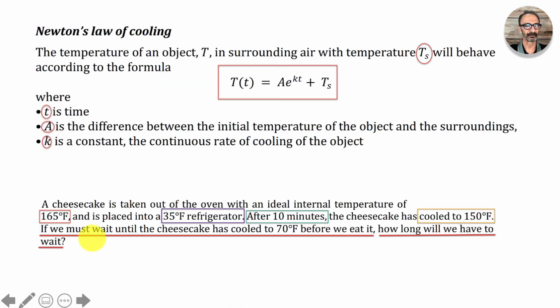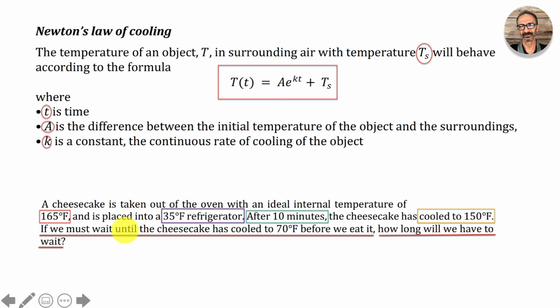So here we go. A cheesecake is taken out of the oven with an ideal internal temperature of 165 degrees Fahrenheit and is placed into a 35 degrees Fahrenheit refrigerator, which is kind of hard to imagine. First time I was looking at this problem, I thought, you're taking a cheesecake from the oven straight to the refrigerator?